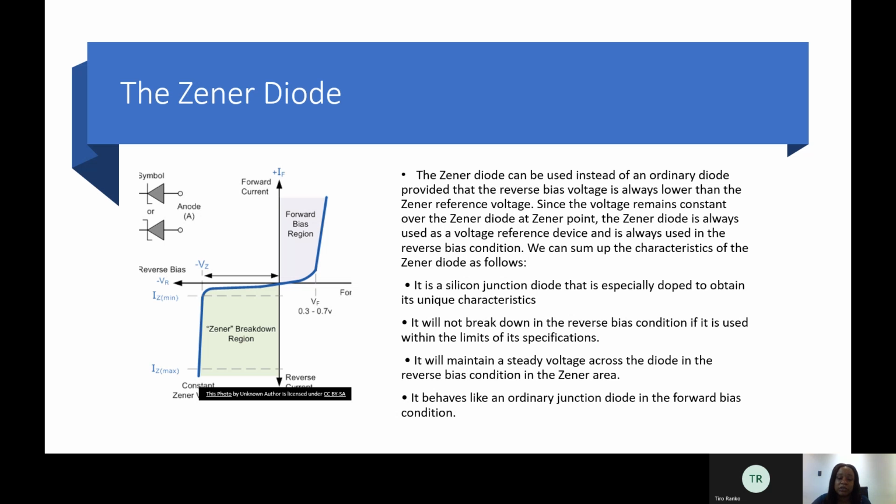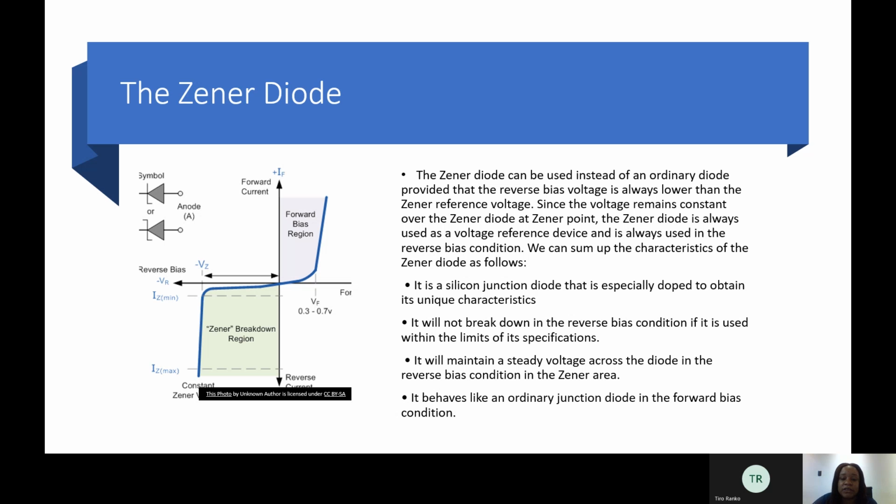We talked about the process of doping and how to make an n-type and a p-type. With the Zener diode, they do a specific, unique doping that is not the same as the ordinary doping.